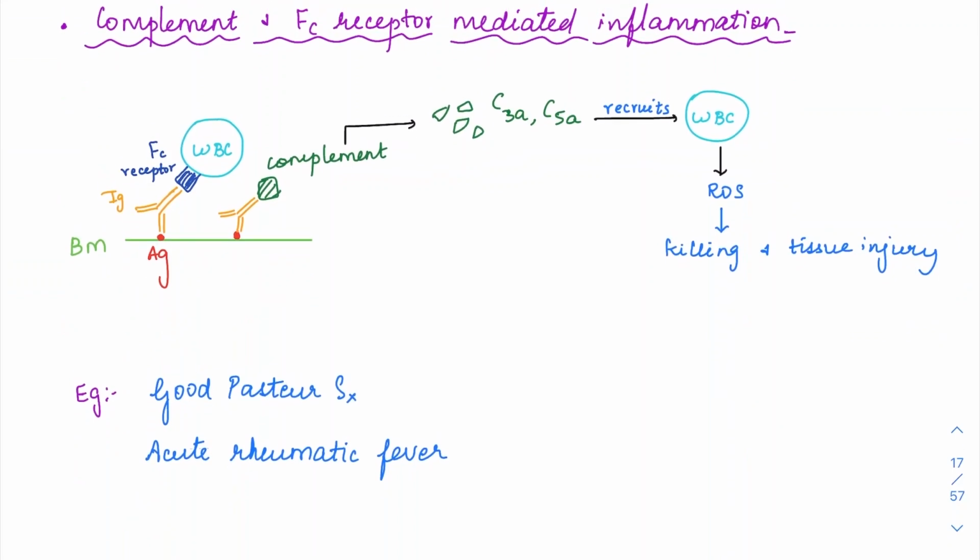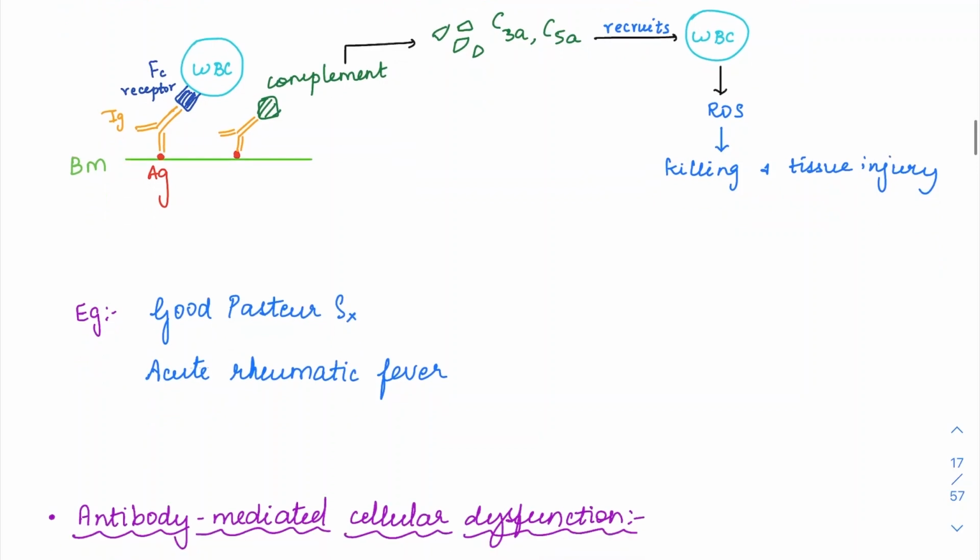So the third mechanism is complement and Fc receptor mediated inflammation. As the name suggests, there is going to be some inflammation here and some complement activation here. Suppose there is a fixed tissue here like a basement membrane. Let's take the kidney basement membrane. In the example of Goodpasture syndrome, the antigen here is collagen type 4 present on the basement membrane.